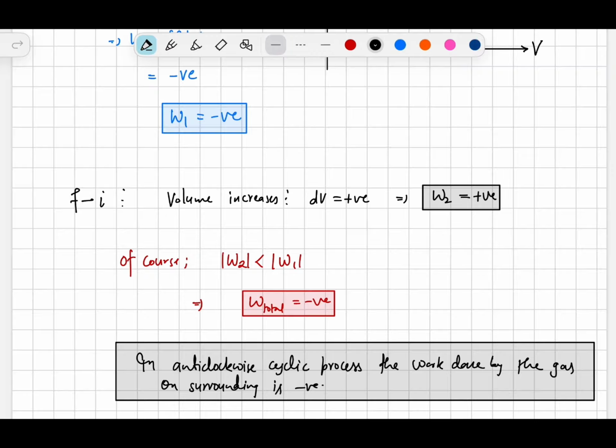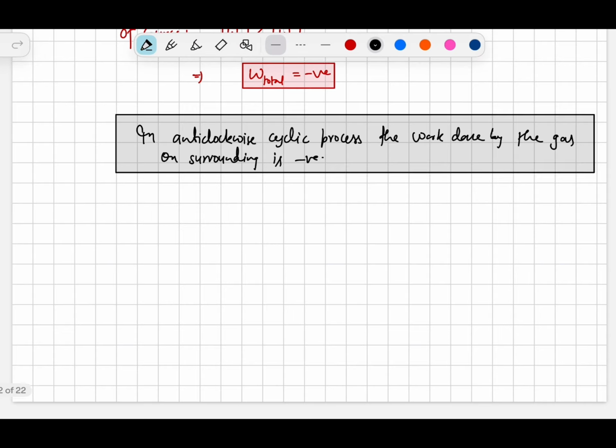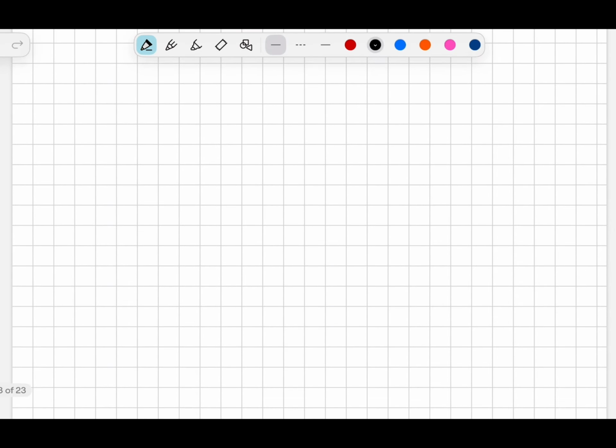पॉजिटिव मतलब क्लॉकवाइज होता है, वर्क डन पॉजिटिव होता है, वर्क डन बाय द गैस। Okay, अगर इतना सारा क्लियर होता है, so now we can go for different kinds of processes. Isobaric, isothermal, right? And these are very simple, very trivial thing to discuss.